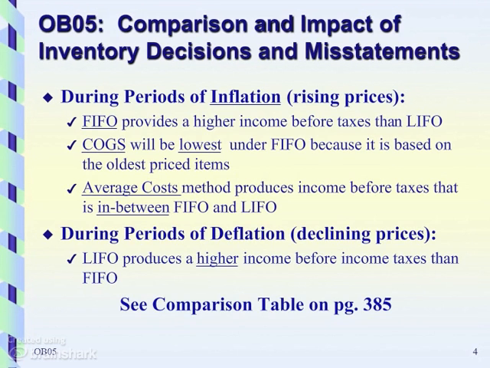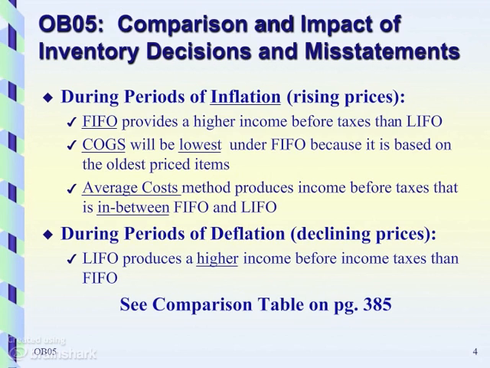Let's look at some of the factors affecting decisions relating to inventory. During periods of inflation or rising prices, FIFO provides a higher income before taxes than does LIFO. The reason for this is that the cost of goods sold is lowest under the FIFO method because the cost of goods sold is based on the oldest priced items.